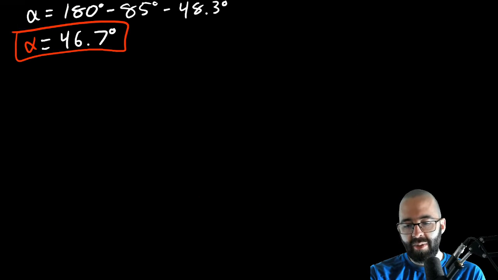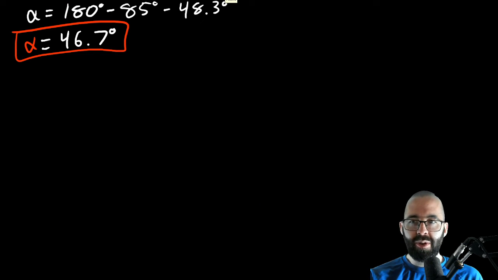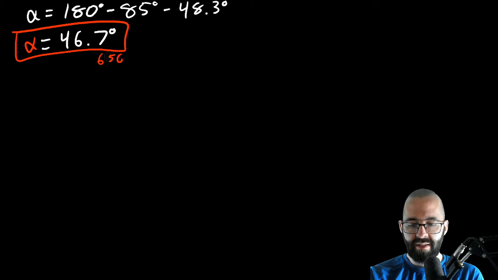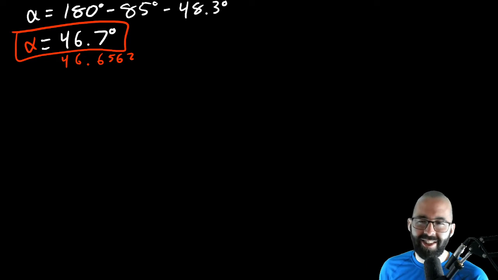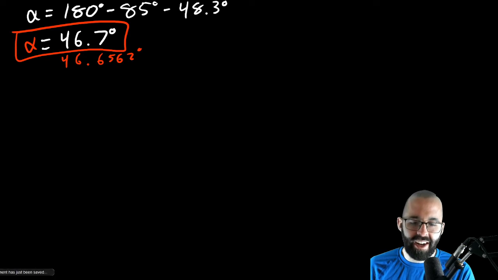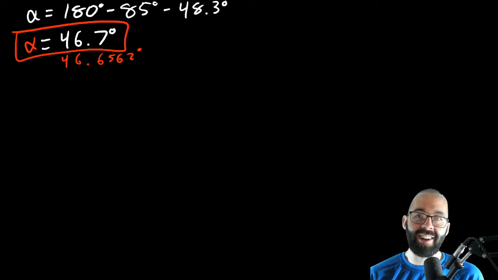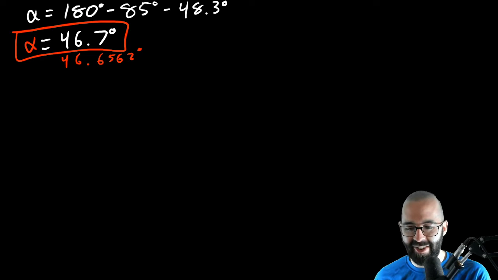If you really wanted to be a mathematical superstar, you wouldn't say 46.7, you'd use 46.6562. You get a better, more exact answer if you do this. But I'm not going to force you to use more decimals. You can even be a better mathematical superstar and use more digits, but that's fine.